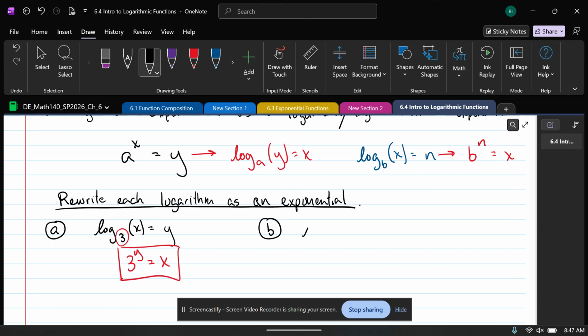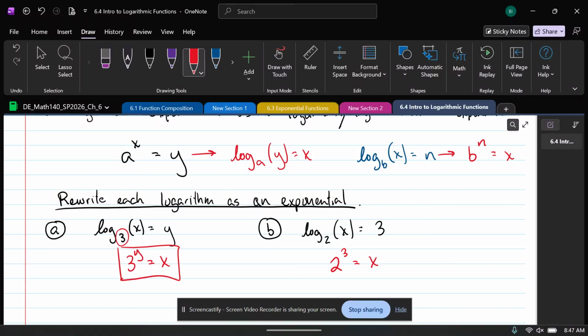Let's say we had log base 2 of x equals 3. Here's a logarithm. We want to rewrite it as an exponential. So what's the base of my exponential? Exponent? What is it equal to? There you go.